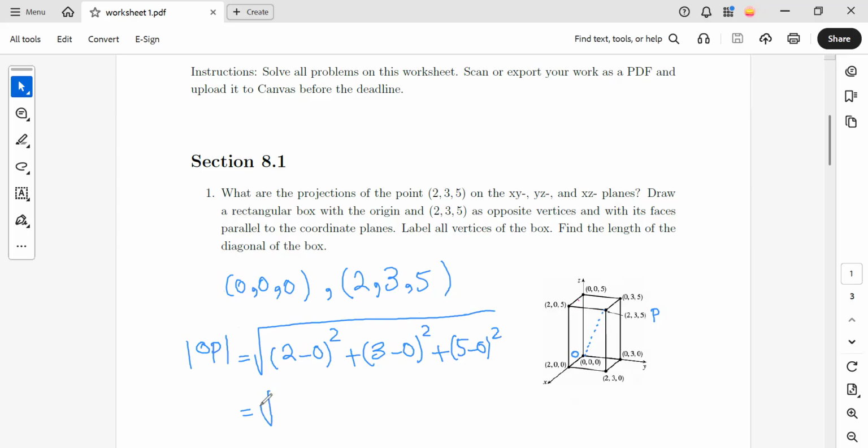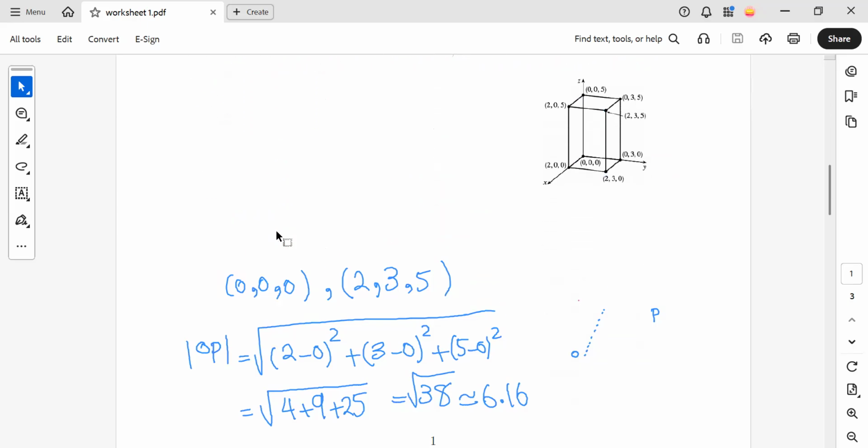So it will be the square root of 4 plus 9 plus 25, which is 38, which is approximately 6.16. We don't have any units here, but let's say it is centimeters, so you can put centimeters here. Let's move on to the next one.